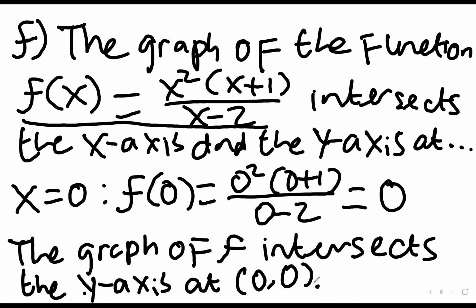To obtain the intersection with the x-axis, I should find the solution of the equation x squared multiplied by (x plus 1) divided by (x minus 2) equals 0.